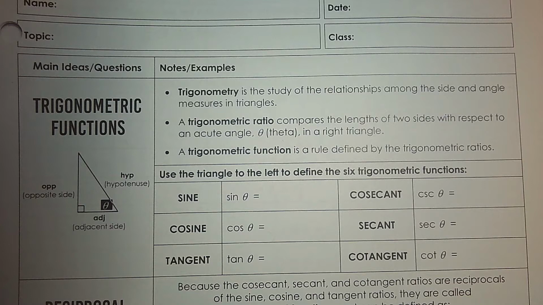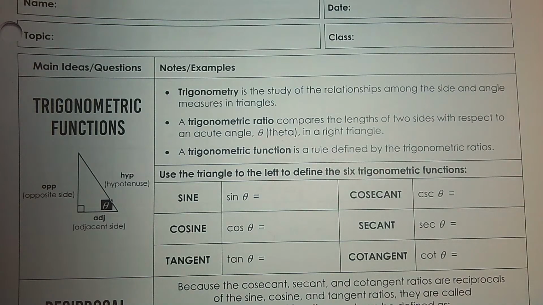Let's start here. These are the 6 names of trig ratios, full names. The first one is sine, the second is cosine, then tangent, and these 3 are the main ones. These next 3 are reciprocals of the first 3.